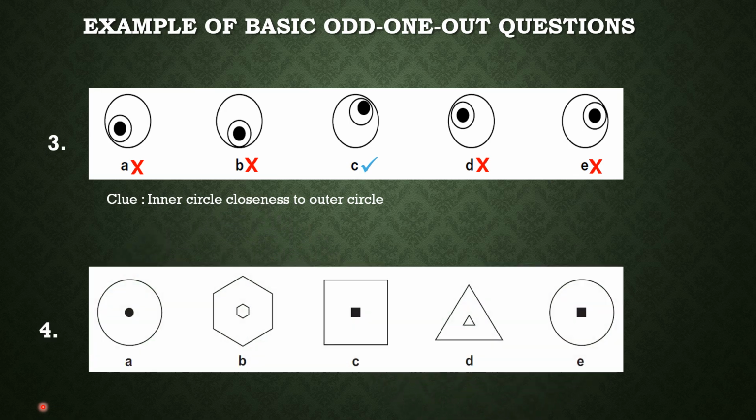Now let's have a look at the next example. In this example, there are two images. The inner image and outer image are the same. However, the inner image has darkness here. In the next option, we see a similar image, outer and inner, but the inner one is not shaded.